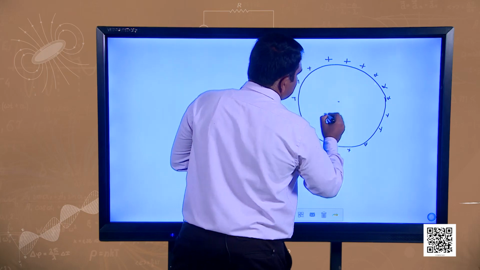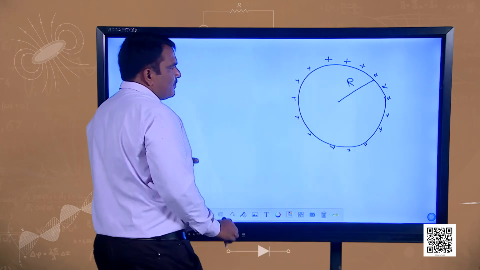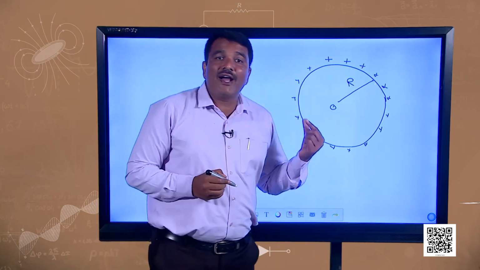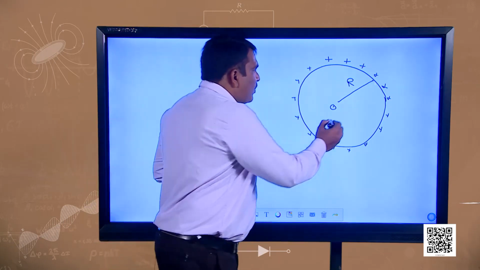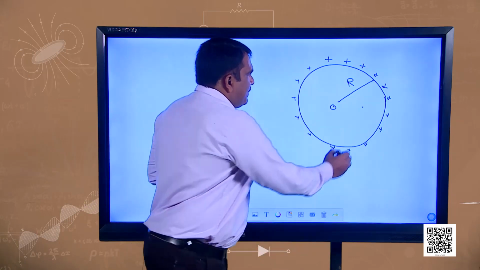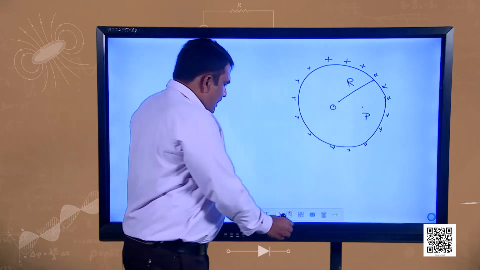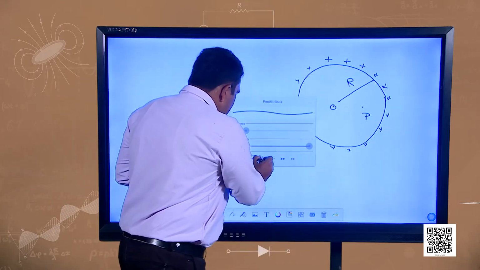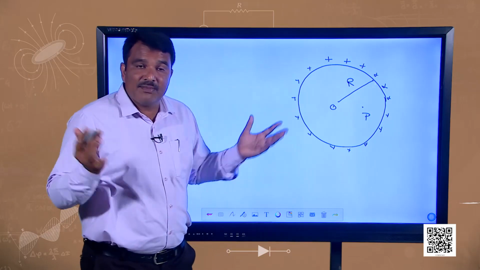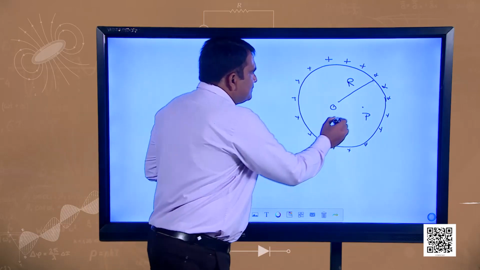This is the center of the cell and its radius is capital R. Again, suppose we wish to find electric field at any point P here, and this point P is lying inside the cell. Again, let us draw a Gaussian surface, and by spherical symmetry the shape of the Gaussian surface is again spherical.